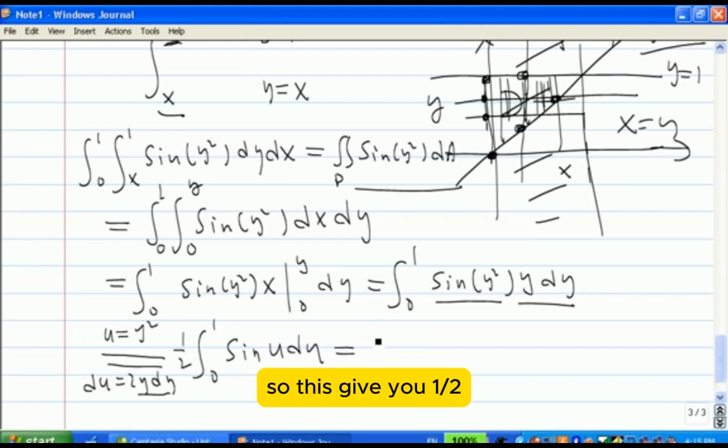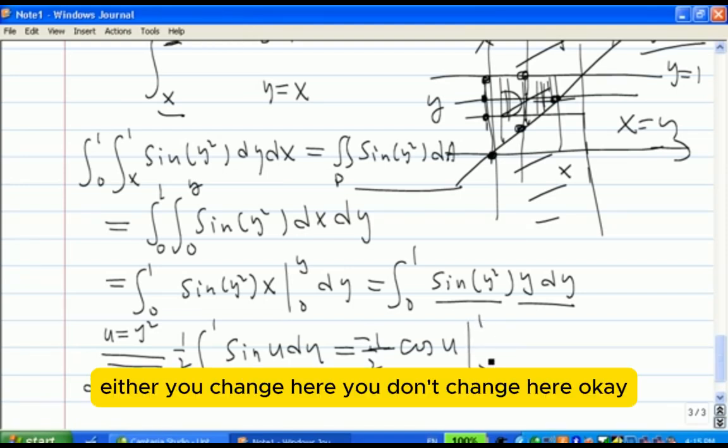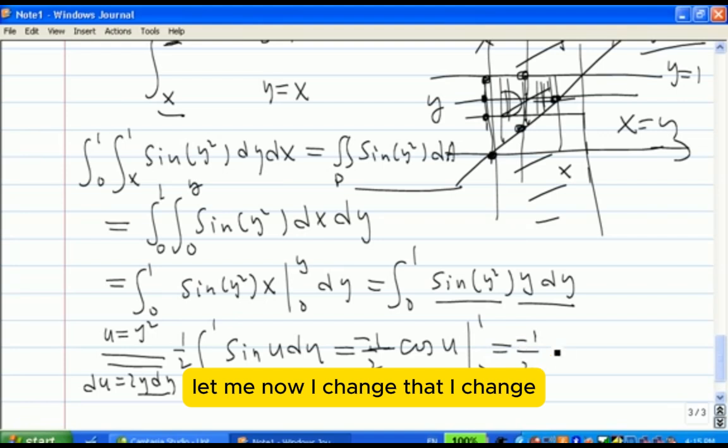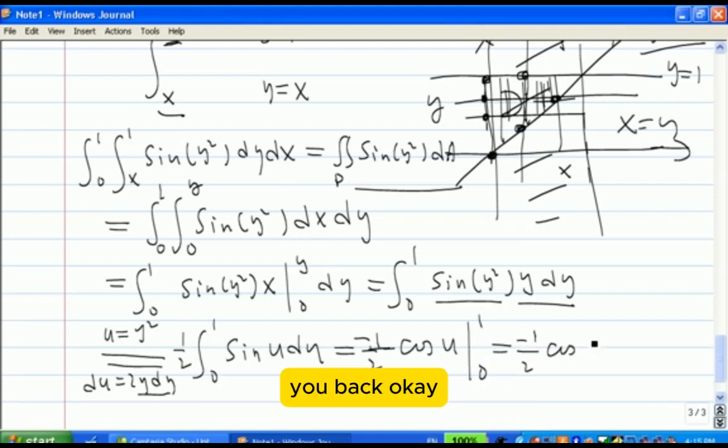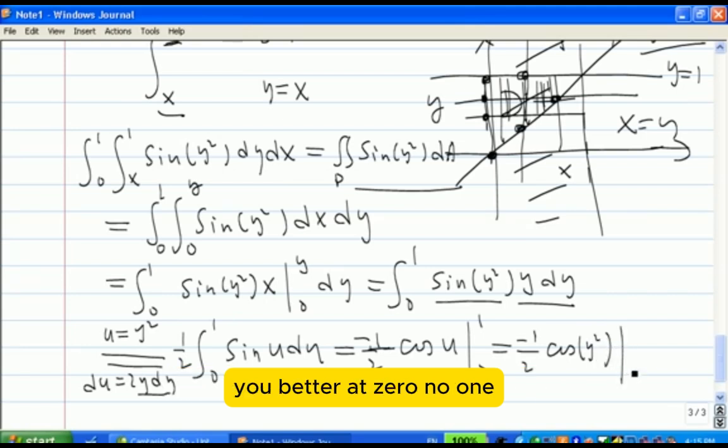This gives you negative 1/2 cosine u. Either you change it here or you don't. Let me change u back. What's your u? y squared. Now you evaluate from 0 to 1.